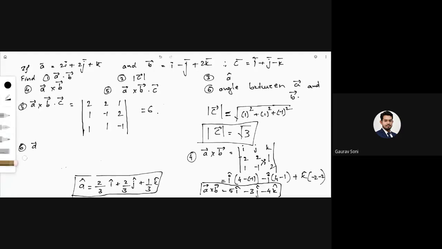And the last one, sixth one, angle between A bar and B bar. So what we know is cos theta is equal to A bar dot B bar upon modulus of A bar into modulus of B bar.